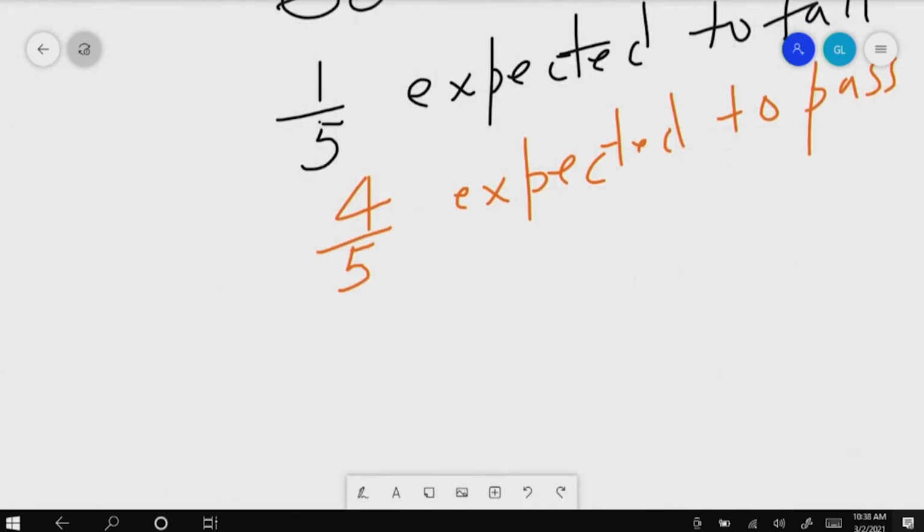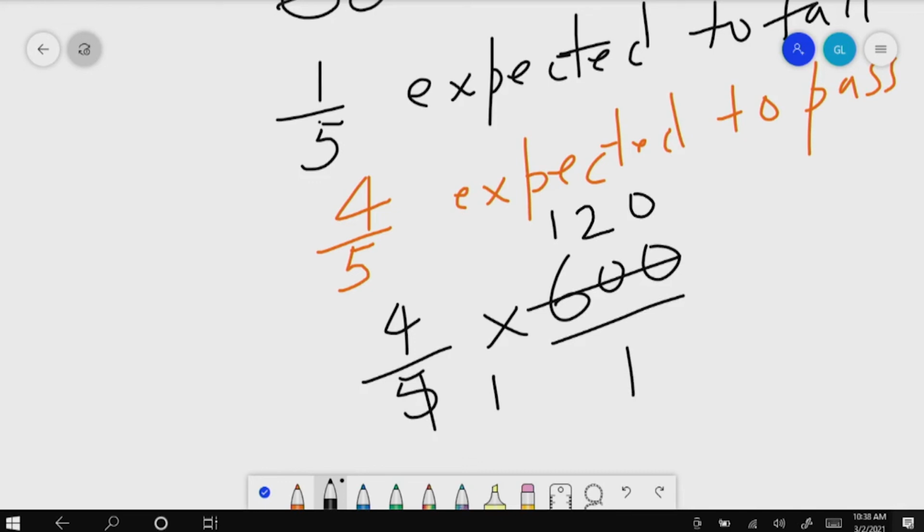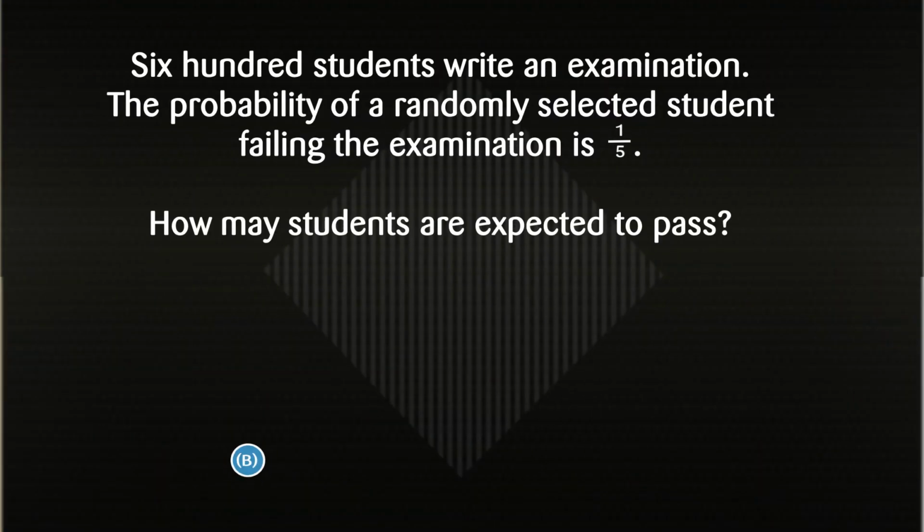Therefore, the question is asking us for what number of students are expected to pass. So if you were to find 4/5 of the total, which would have been 600, we would have had 480 students are expected to pass this exam. So our solution for this question is B.